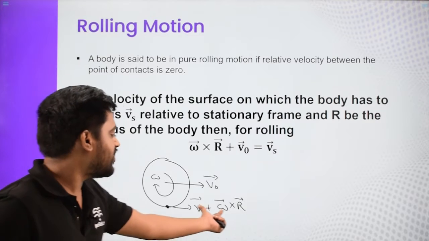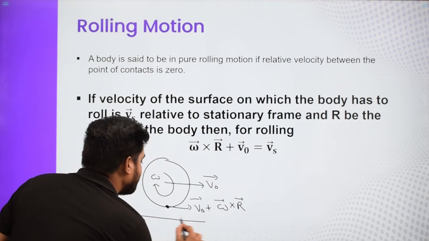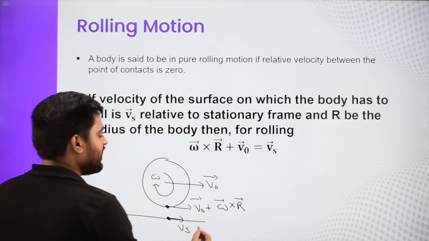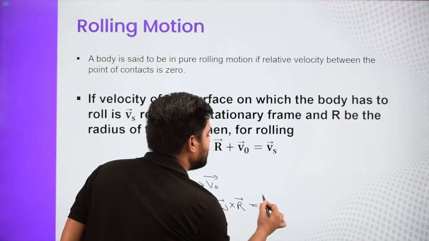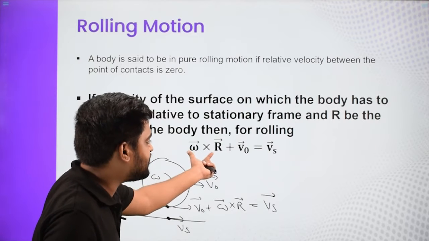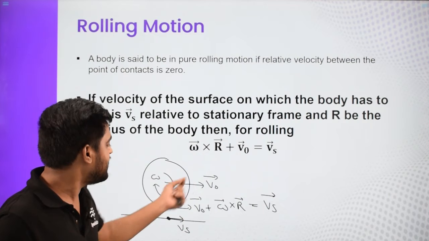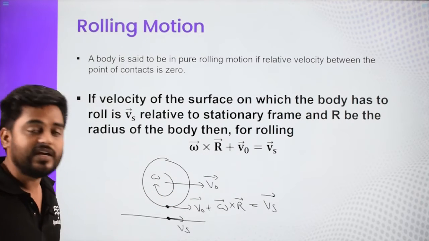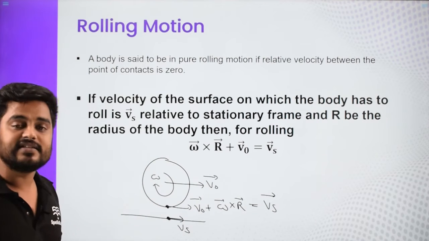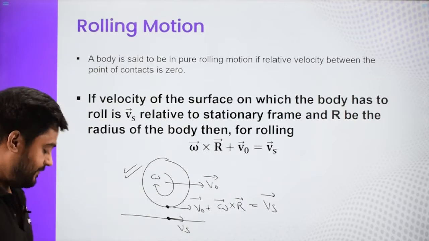The vector addition of these is the overall velocity of this point, and the velocity of the other point is the velocity of the surface. So the velocity due to rotation plus the velocity due to translation, the overall velocity of the point of contact, must be equal to the velocity of the surface in contact. Once these two velocities are the same, we can say this object is performing pure rolling.